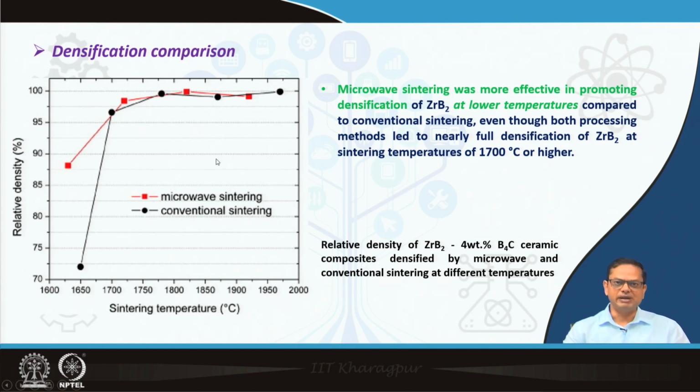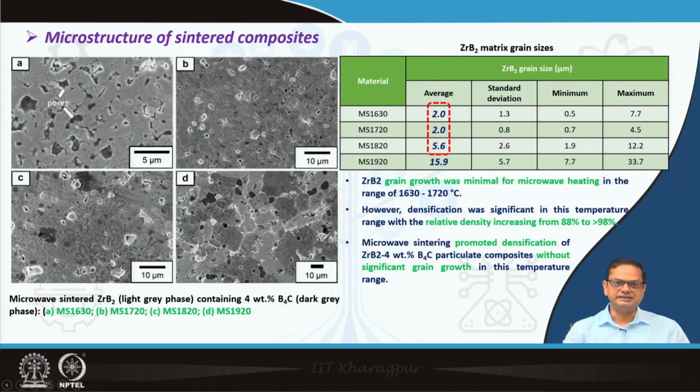Now, if you look at the microstructure, there are 4 different temperatures: 1630 to 1720 in B, then C is 1820, and the third one is 1920. With increase in sintering temperature, the pore size is getting lowered, and the number density of pores is getting minimized, or in other words, the volume fraction of porosity is getting reduced with increasing temperature.